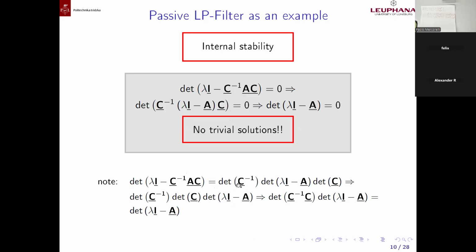But we know that the determinant of C up to -1 is 1 divided the determinant of C. Determinant of a matrix is a scalar. Therefore, I can cancel determinant of C up to -1 multiplied by the determinant of C, because it's basically a product of 3 scalars.